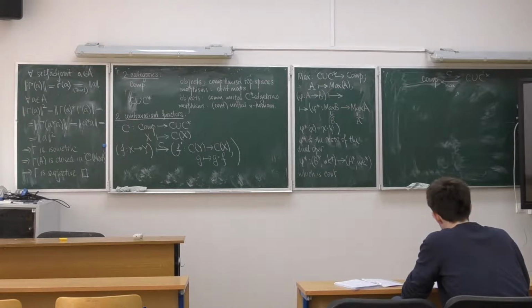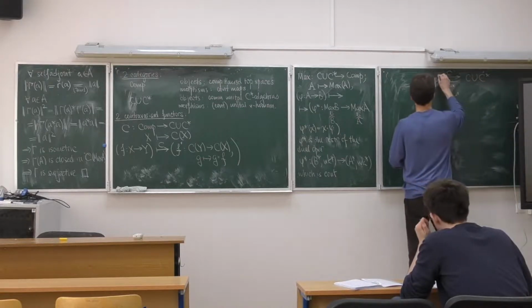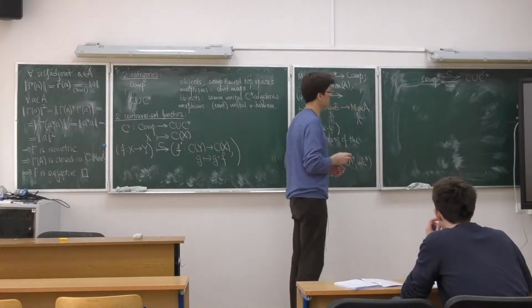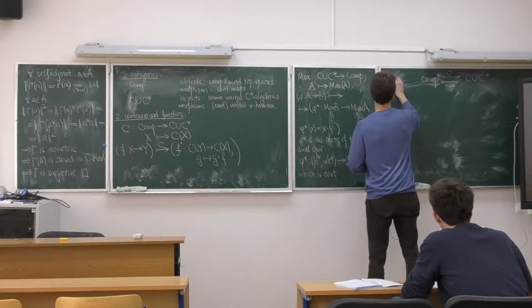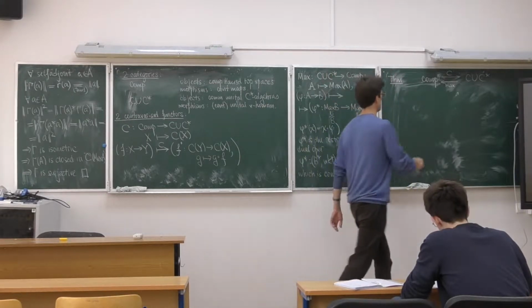For technical reasons, it is useful to make them into covariant functors. This is very easy. We just replace the category of compact spaces by the opposite category, by the dual category. So they become covariant functors. So I claim that they are equivalences of categories. And this is a category theoretic form of the Gelfand-Naimark theorem.